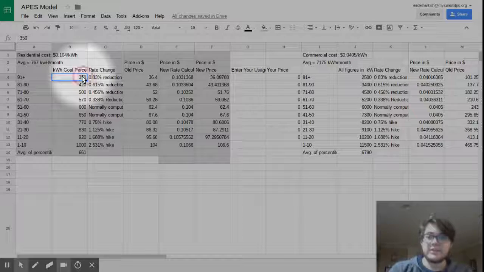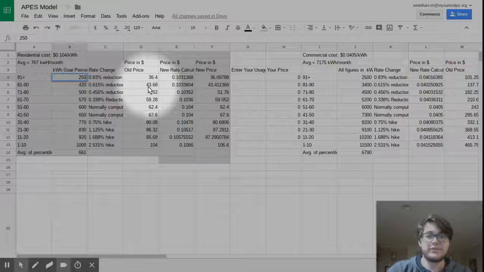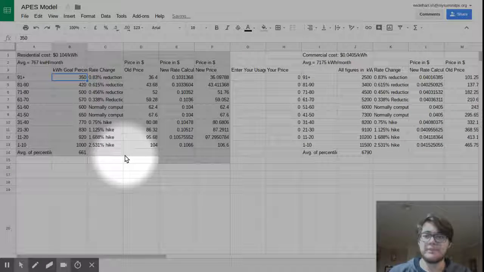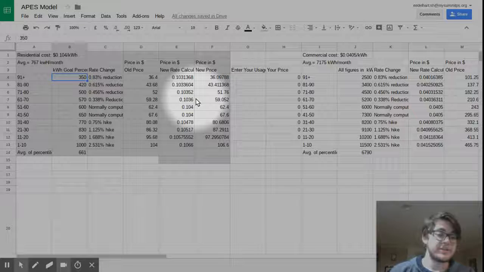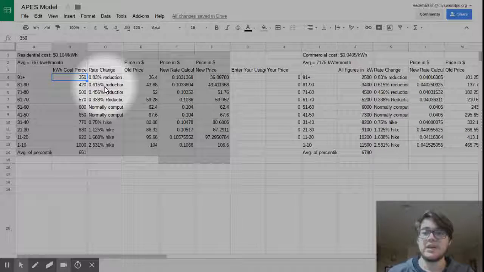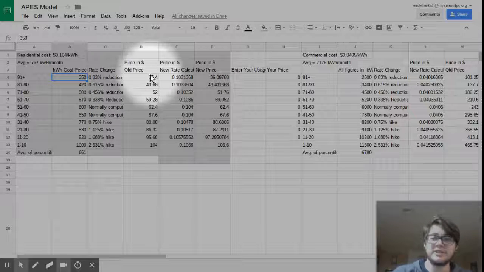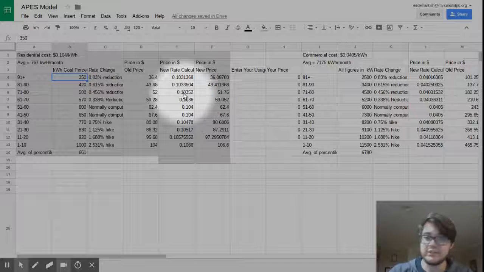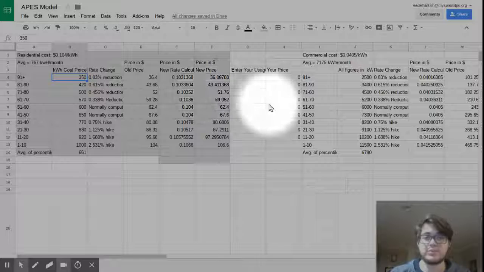As you can also see, if I change this to 250 again, look at how our old price changes. Boom. And our new price changes as well. So the whole goal of this is that pretty much every tab within the spreadsheet impacts another. So if I make a change here, it changes this and this. If I make a change here, it affects the price as well.